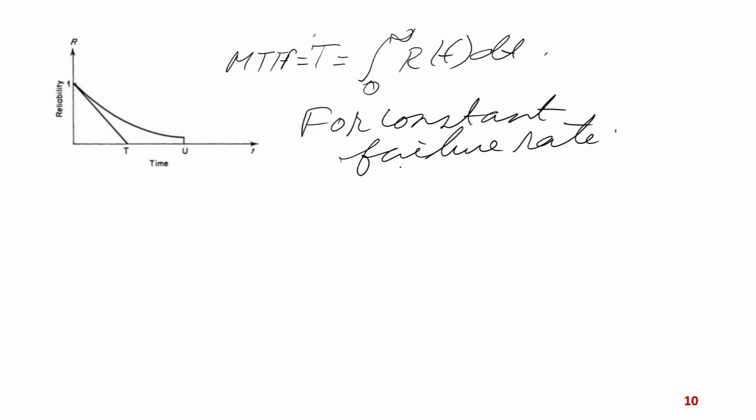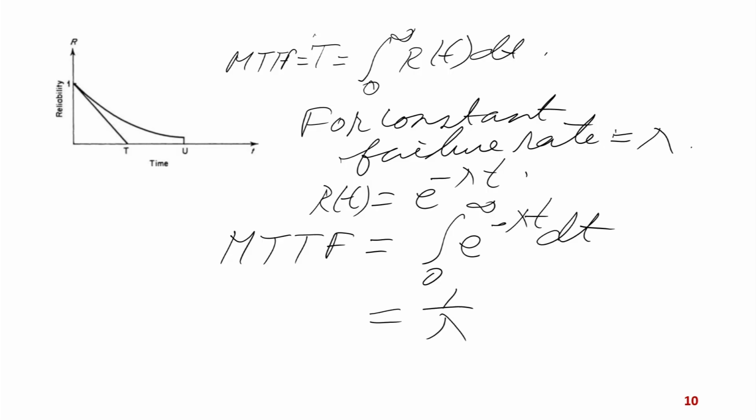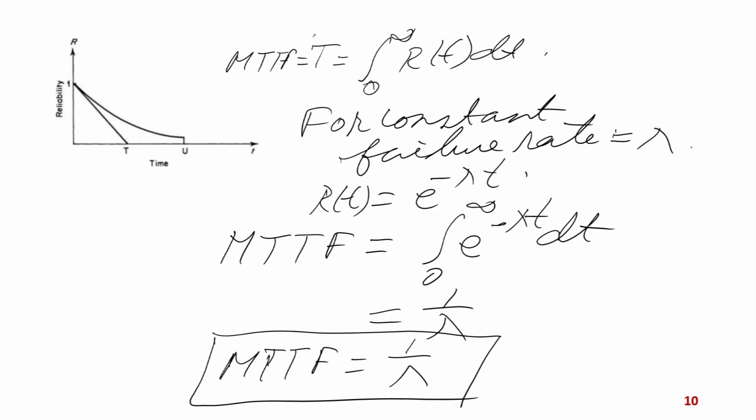So, we can consider the failure rate is constant, equal to lambda. Then r t is equal to e to the power minus lambda t. Then MTTF will be, if you integrate 0 to infinity e to the power minus lambda t dt, 1 by lambda. This is a very important relation we need to remember: for constant failure rate, the mean time to failure is given by 1 by lambda.